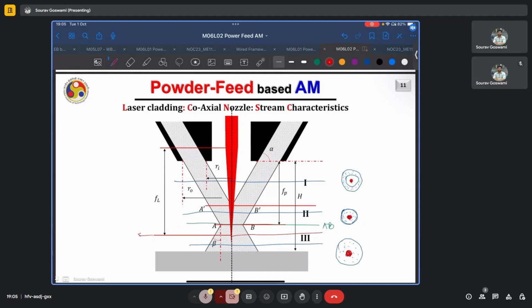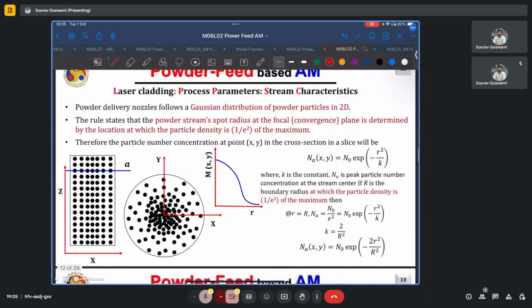So depending on the region we are in, whether it is region 1, region 2 or region 3, and at the intersection of these respective regions, the interaction between the laser and the powder will be different. Now typically, powder delivery nozzles also follow a Gaussian distribution of powder particles in 2D space, on a 2D surface or a 2D plane.